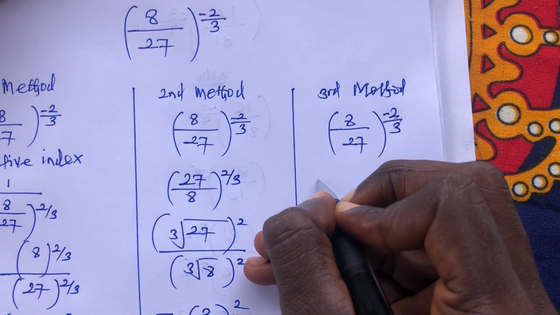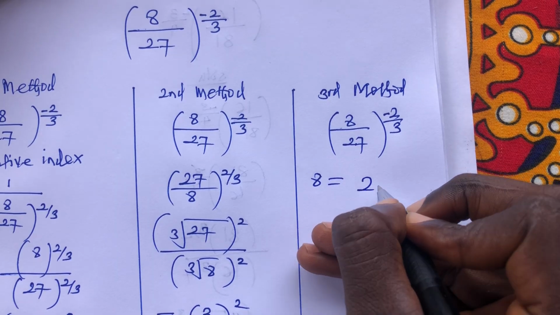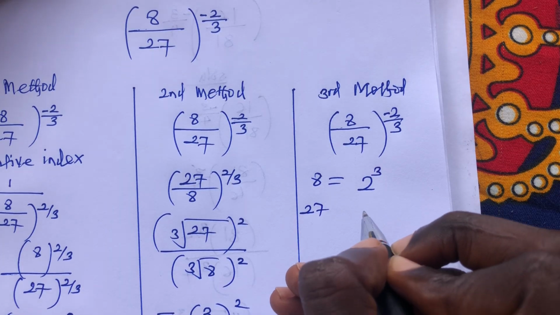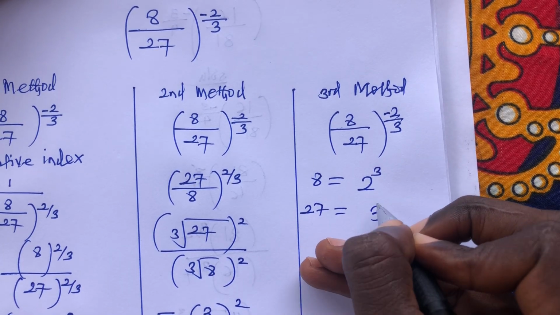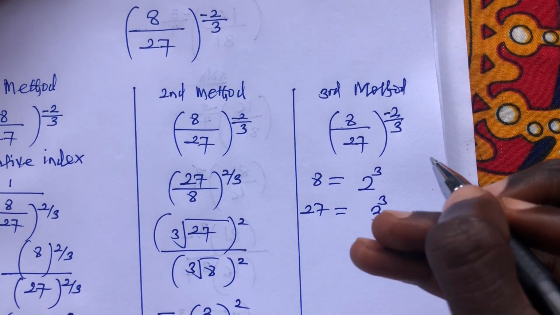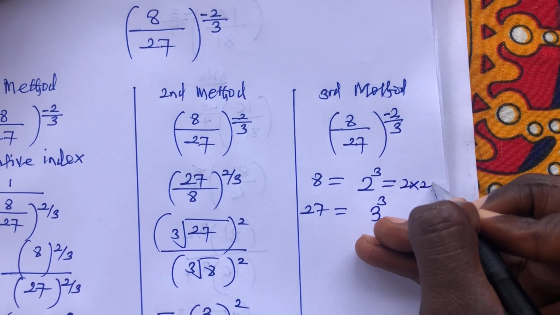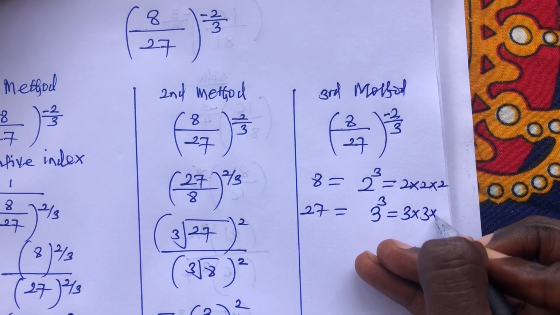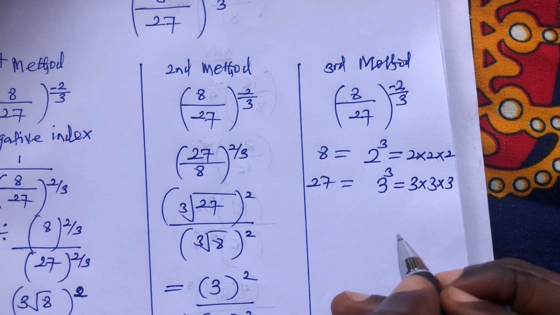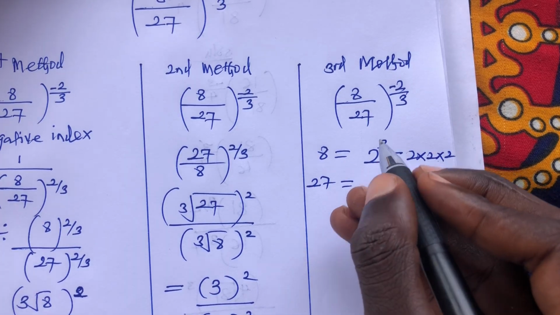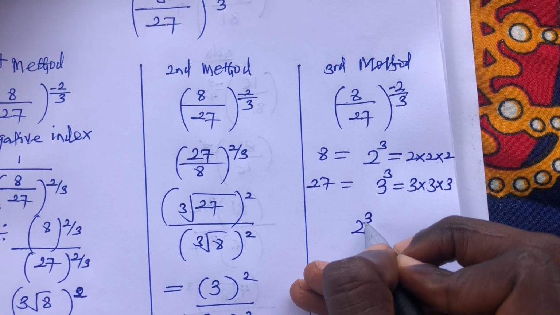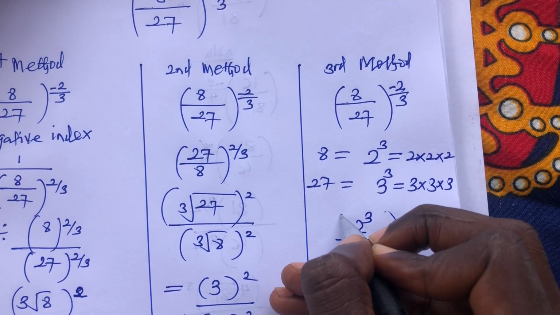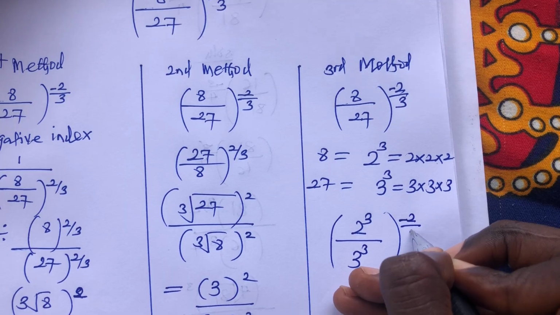We know 8 can be expressed as 2 raised to the power 3, that is 2 times 2 times 2, whereas 27 can be expressed as 3 raised to the power 3. Therefore, instead of 8, we write 2 raised to the power 3 divided by 3 raised to the power 3, then everything raised to the power negative 2 divided by 3.